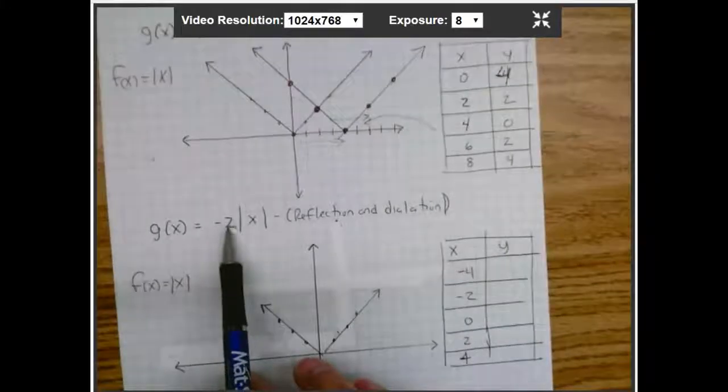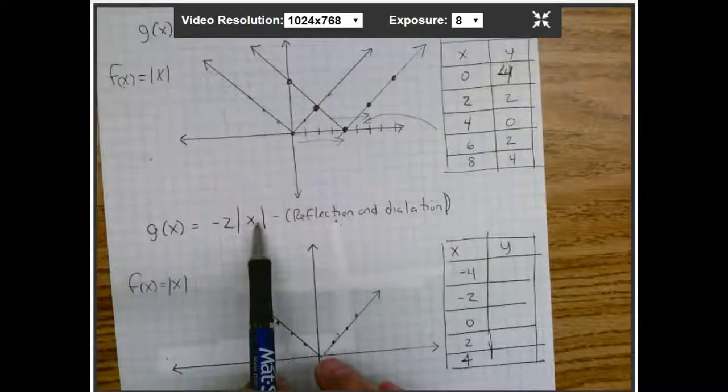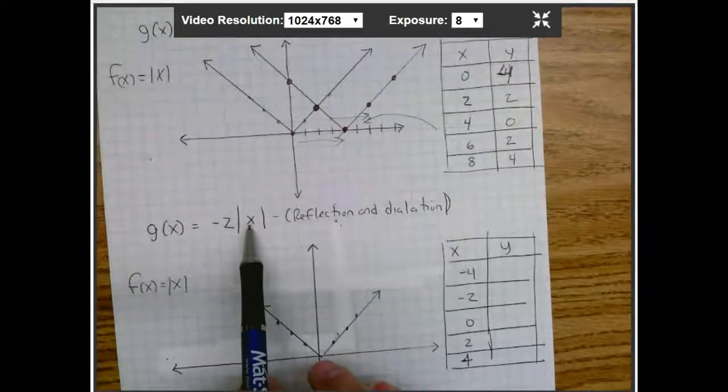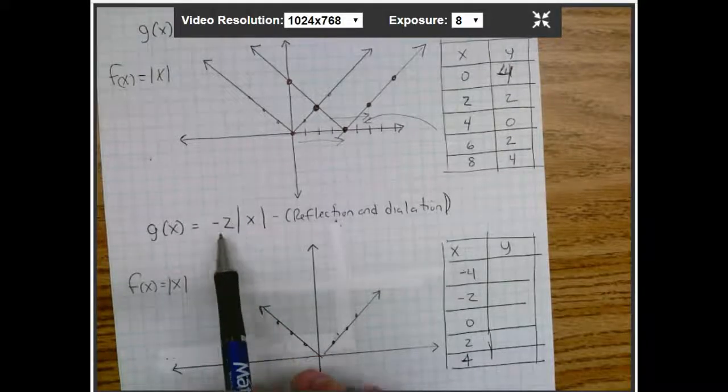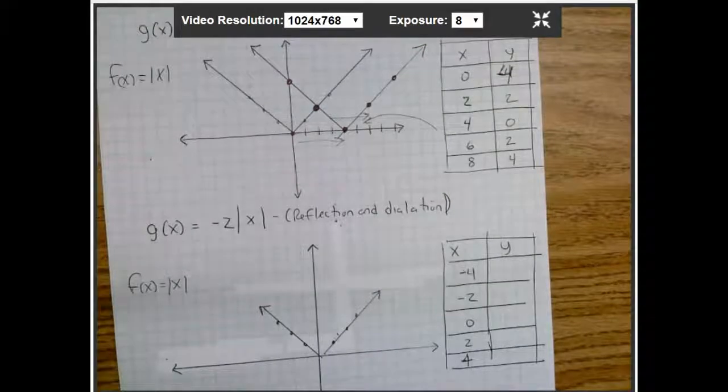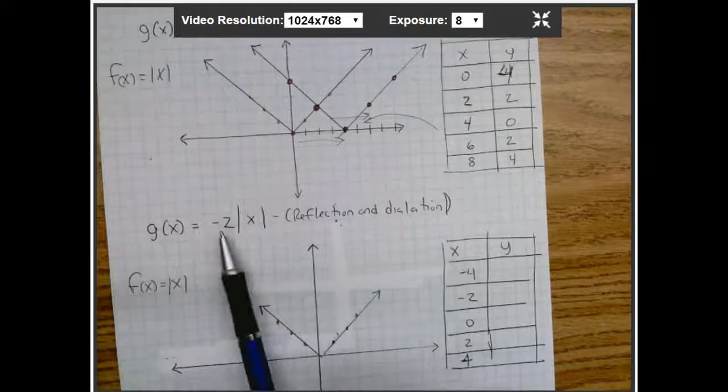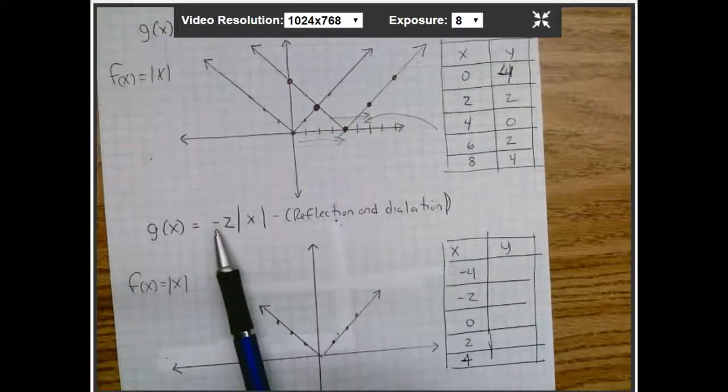So we don't have something going on inside the absolute value of x, but it's something on the outside. If you remember what that does, that dilates it, makes it closer together. But also we have a negative number here, and what that should do is actually reflect it. So we're going to have the same vertex, right?